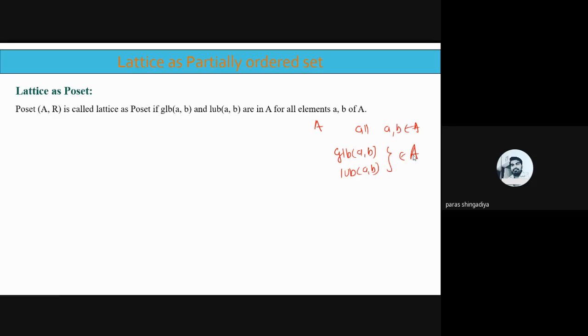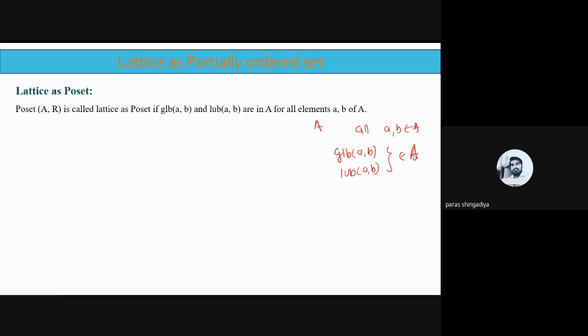If it is verified, then we can say that (A, R) is called the lattice as a poset, ठीक है. First it should be the poset, means it should satisfy the reflexive, antisymmetry and transitive conditions, and then after we can check it is lattice as a poset or not. So for this you have to check the two conditions, GLB of (a, b) and LUB of (a, b).